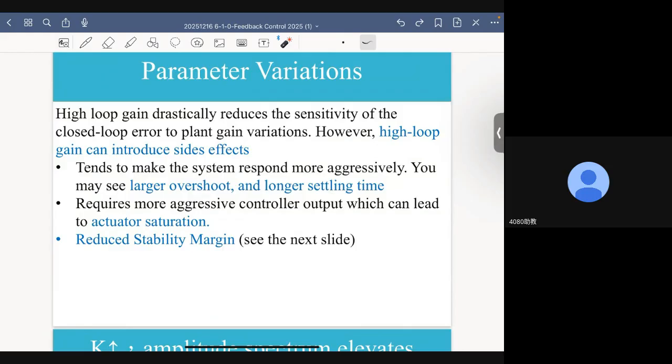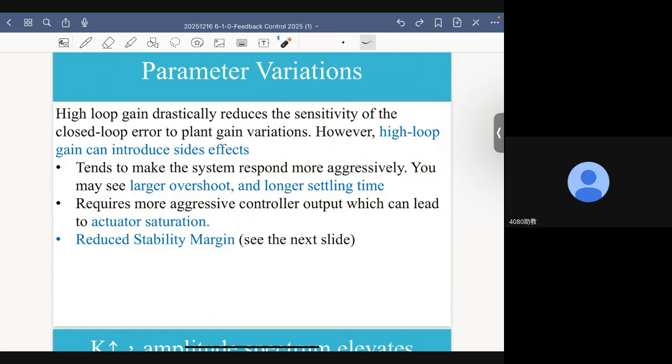A motor can only rotate to a limited rotational speed. There is always a limit. By using large loop gain, I require the actuator to produce more, and that can lead to actuator saturation. That means my demand from the actuator output is something the actuator cannot satisfy, okay?